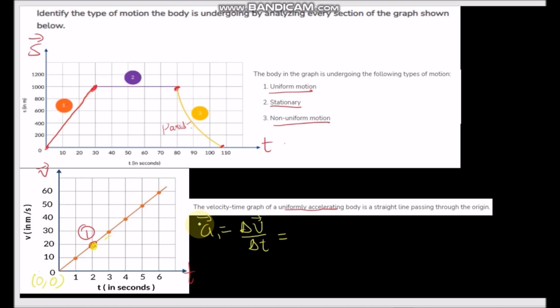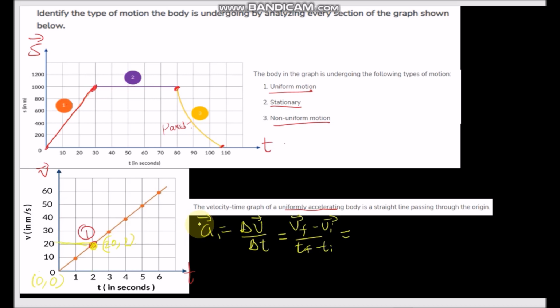At this point we have the final velocity, which is 20, and the final time, 2 seconds. That means v final minus v initial over t final minus t initial. V final, how much? It's 20.